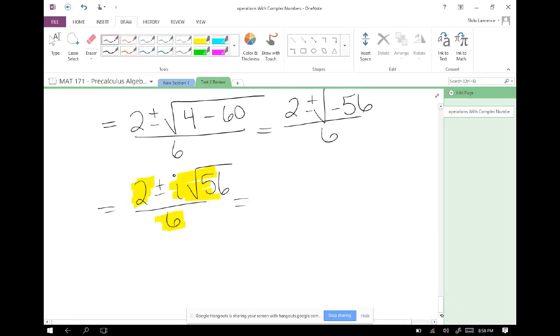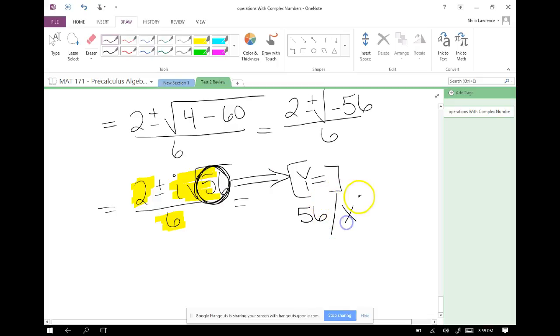There is a way to simplify square roots in your calculator. If you ever want to simplify a square root, in your calculator under y equals, you can take that number that's underneath the square root and say 56 divided by x squared.